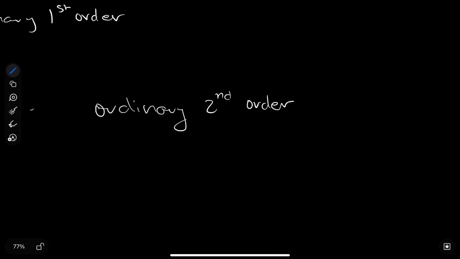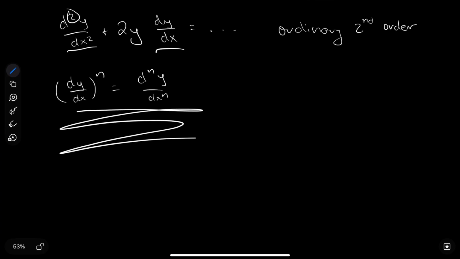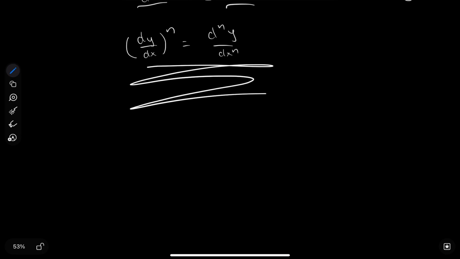Now, don't be mistaken. A lot of beginners, not even necessarily in differential equations, but just calculus in general, like to assume that dy/dx to some power n is the same as the nth derivative with respect to x. This is not true. You could do an example to prove that.